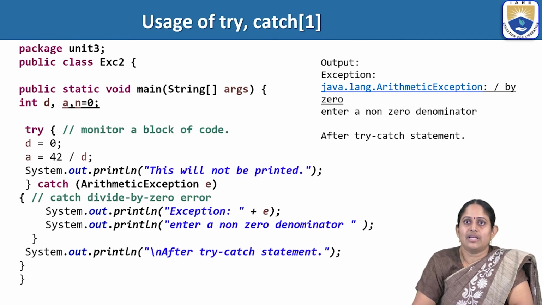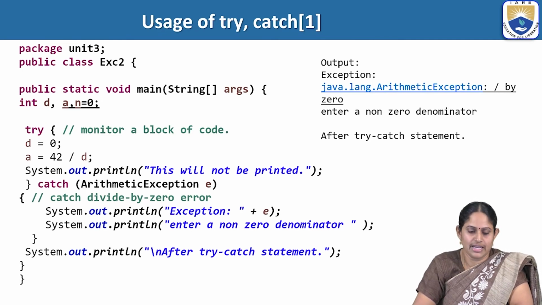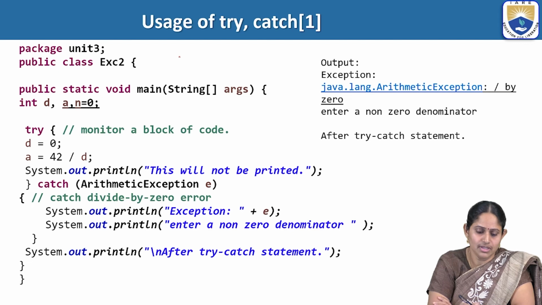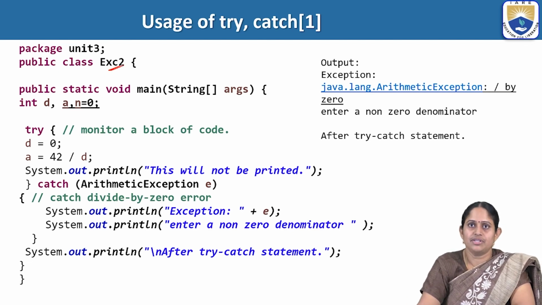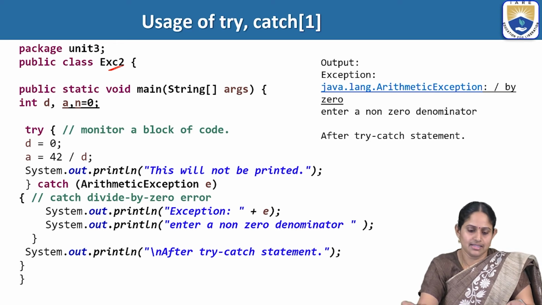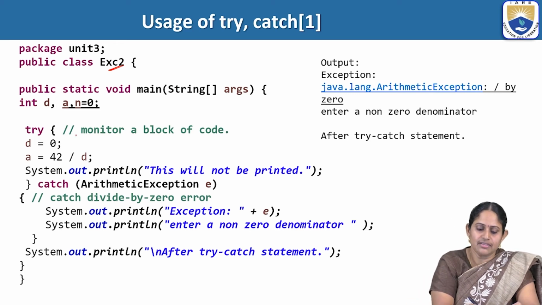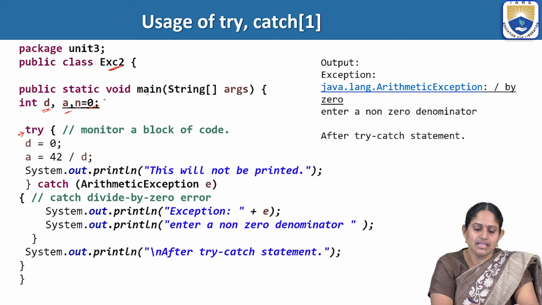Now let's look at an example of the usage of try-catch. We have a class named exception, and inside the main method we have some integer variables d, a, and n, initialized to 0. Then we have the try block.